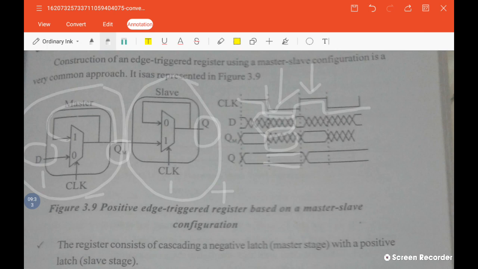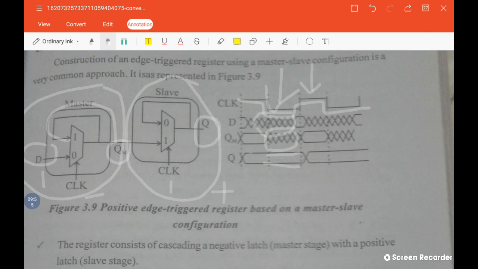When the clock is high, what happens? So when the clock is high, you see the master latch's output. I said that when the clock is high, the master will go into hold mode. That means it will maintain whatever the previous value it held.